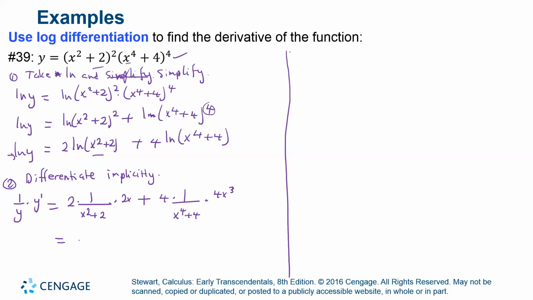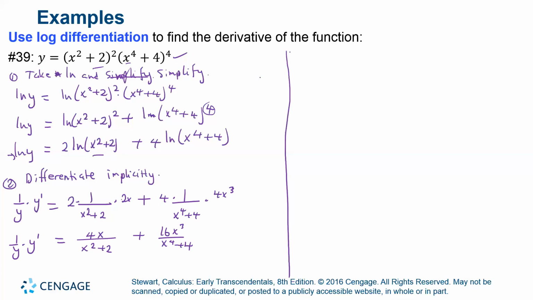So this gives me 4x, that is 2 times 2x, divided by x squared plus 2, then plus 16x to the third, divided by x to the 4 plus 4. Okay, and you have 1 over y times y prime.